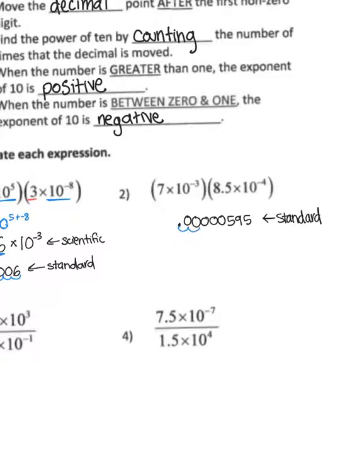So we got 1, 2, 3, 4, 5, 6 places right here. My next step is to find the power of 10 by counting the number of times my decimal is moved. So I just did that. That is 6. When the number is greater than 1, which it's not, this decimal is not bigger than 1. It's between 0 and 1, so my exponent's going to be a negative. So my answer here is going to be 5.95 times 10 to the negative 6. My scientific form.